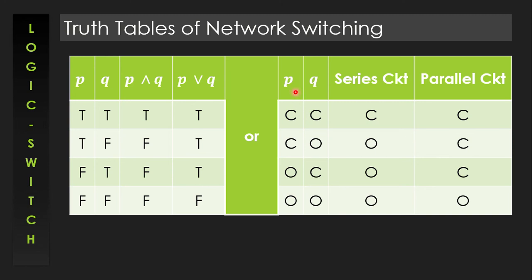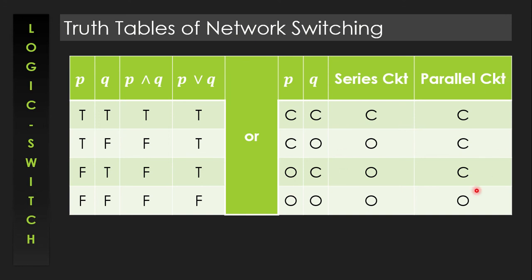Now, we can compare a series circuit to a conjunction, because in a series circuit, when one switch is open, the flow of the current will be hindered or stopped. The circuit will not allow the current to flow.